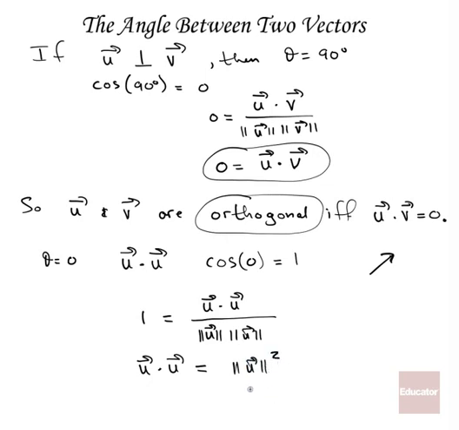And if I take the square root of both sides, I end up with the magnitude of u is equal to the square root of u dot u. So now I have another way of actually finding the magnitude. What I can do is I can just take u dotted by itself and then just take the square root of that number. Very good.